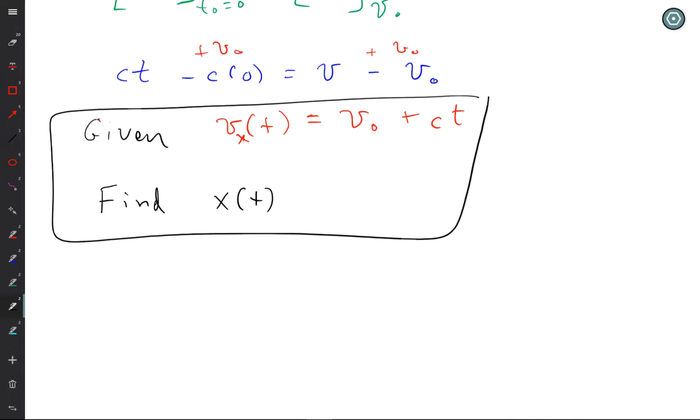Why are we separating them? We're separating them so we have one side of the equal sign that's a function of only one variable, and the other side is a function of only a different variable. And then they're independently equal, so we can integrate both sides.